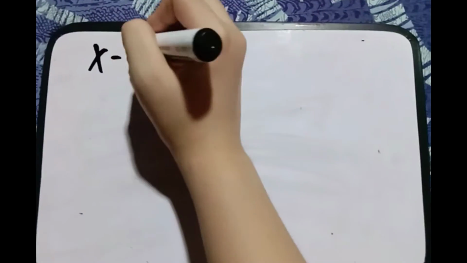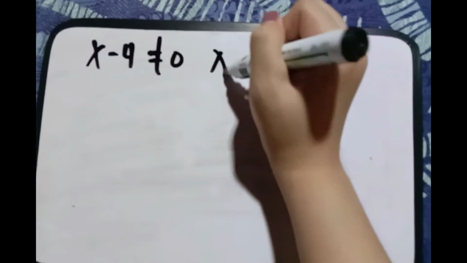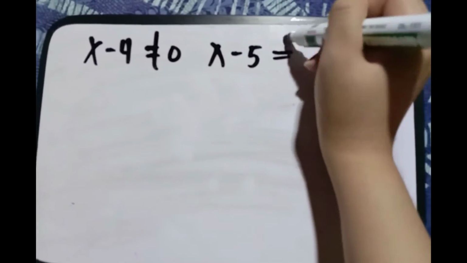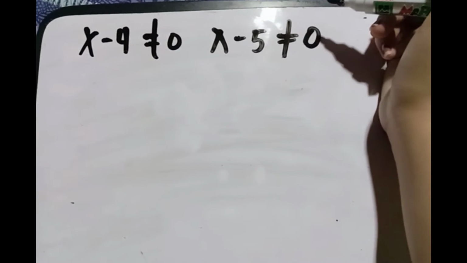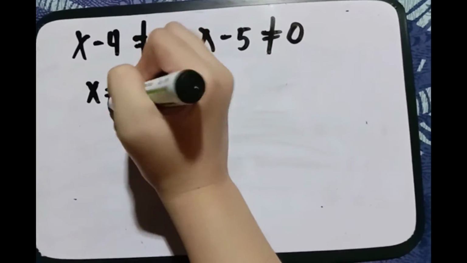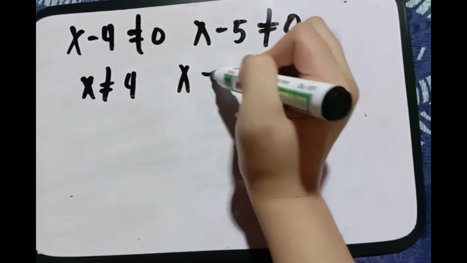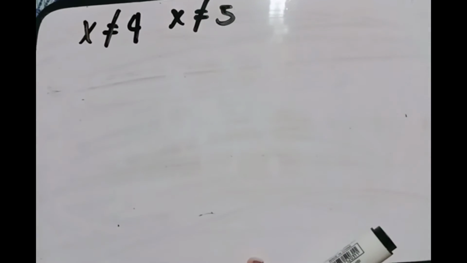So we need to say x minus 4 is not equal to 0 and x minus 5 is not equal to 0. Let's add to both sides. So x is not equal to 4 and x is not equal to 5.